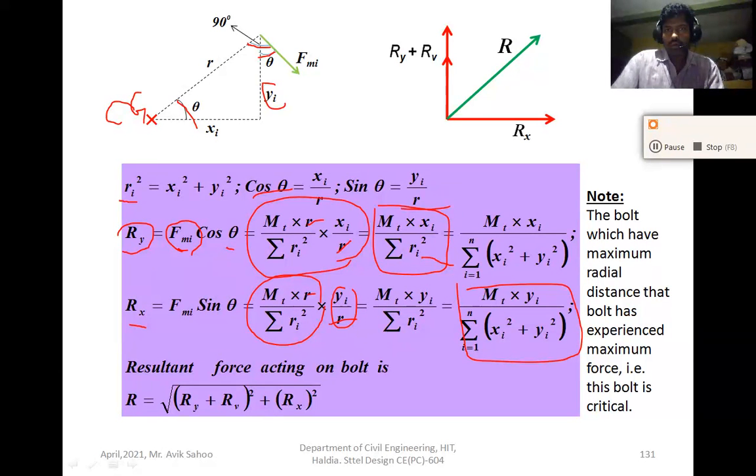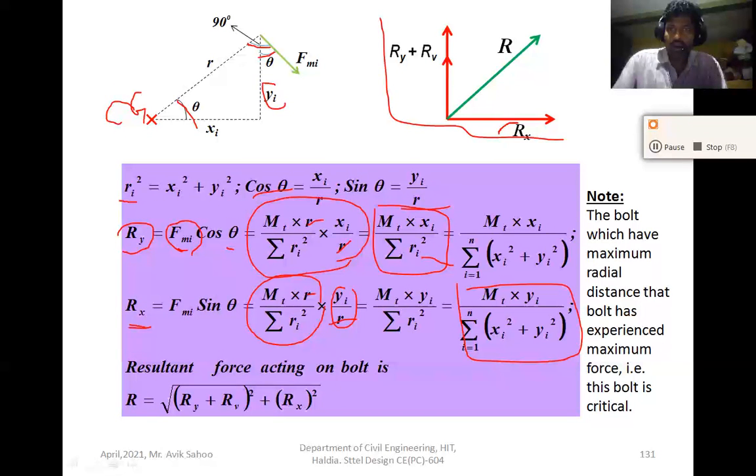Now we draw the vector diagram. The vertical components are represented along the y-axis, and the horizontal component is represented on the x-axis.